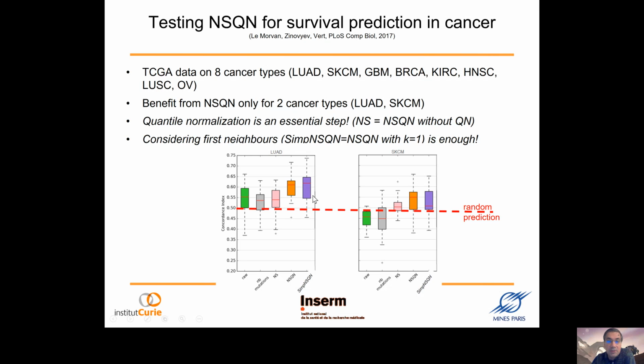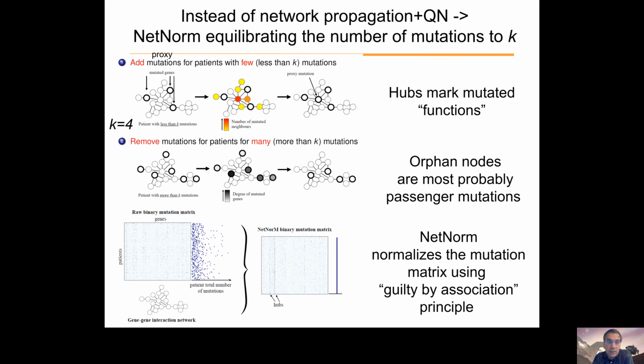And to our surprise, only considering first neighbors in the network was already enough to achieve the same performance as the complete method. Which means that we don't have to consider neighborhoods in the network of genes larger than distance 1.